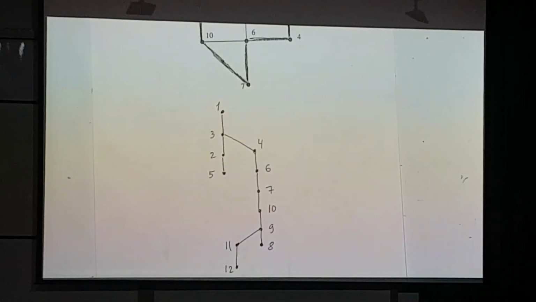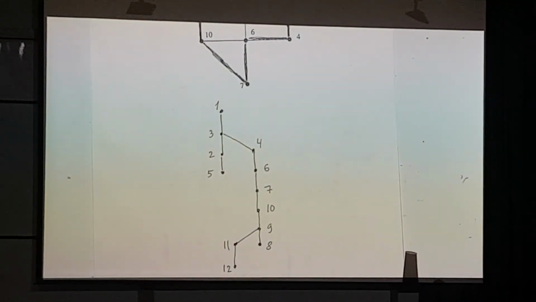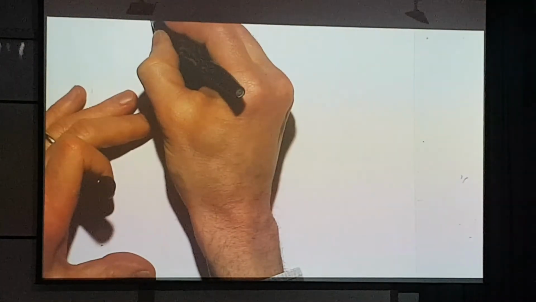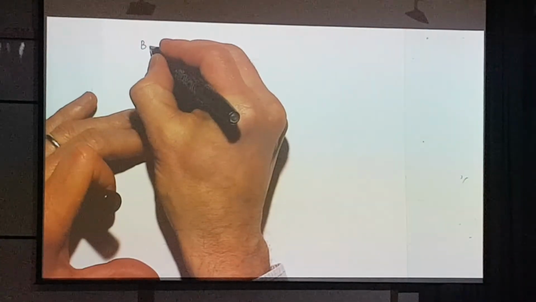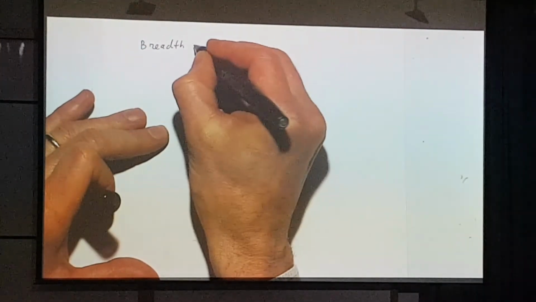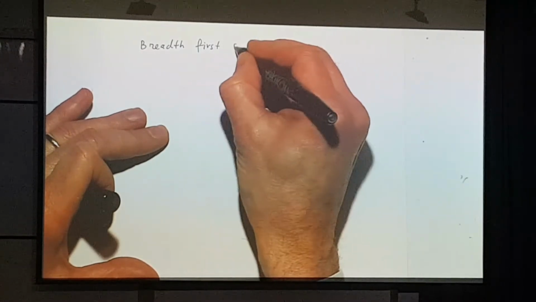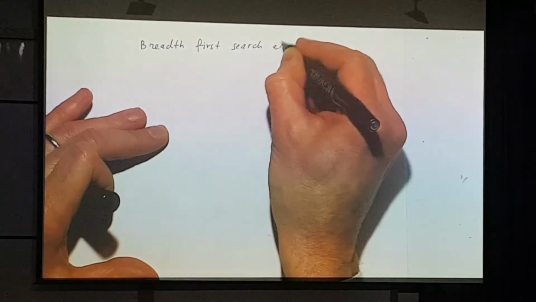Okay. Then let's discuss another strategy, which is called the breadth first search algorithm.